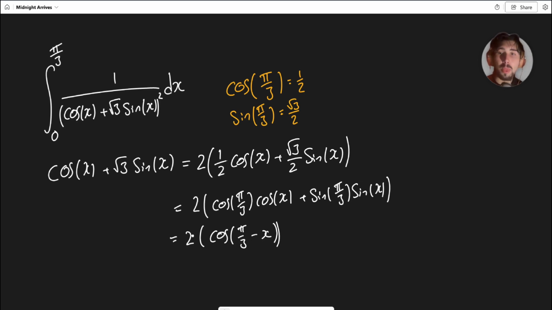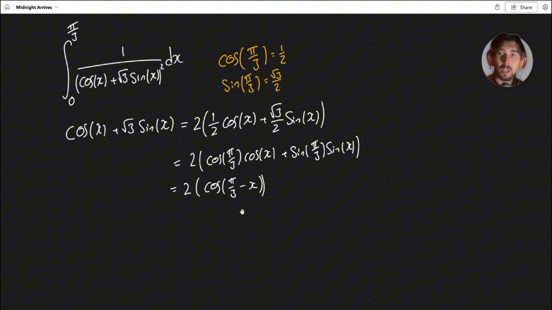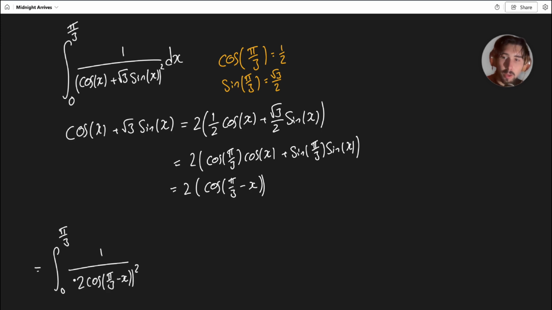Okay, and then that's going to be my new denominator, and that is super nice. So I can rewrite my integral as follows. I can write it as the integral from 0 to pi over 3 of 1 over 2 cos of pi over 3 minus x, and all of that is being squared, dx.